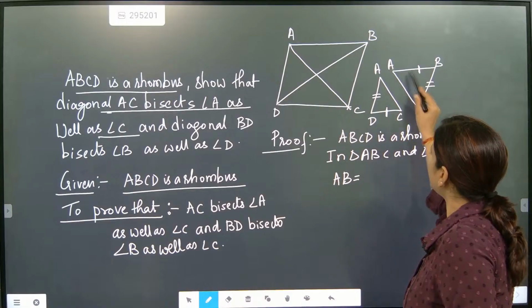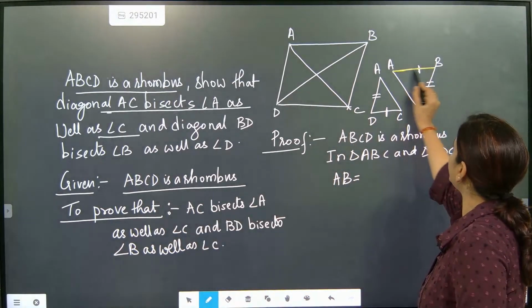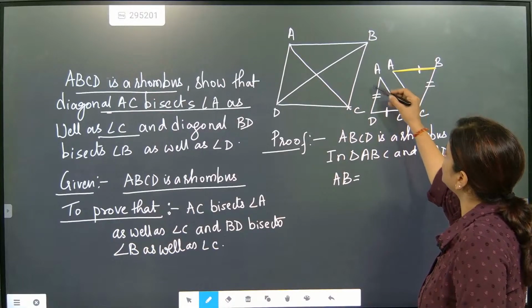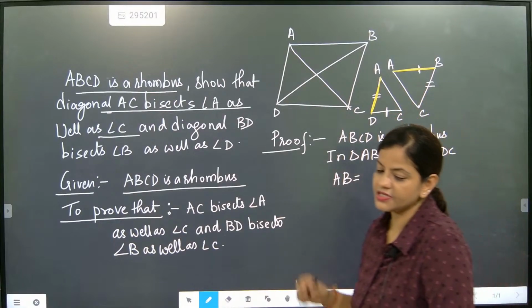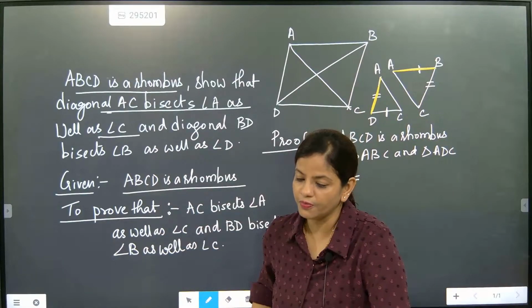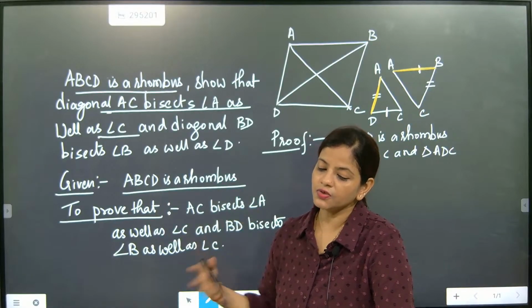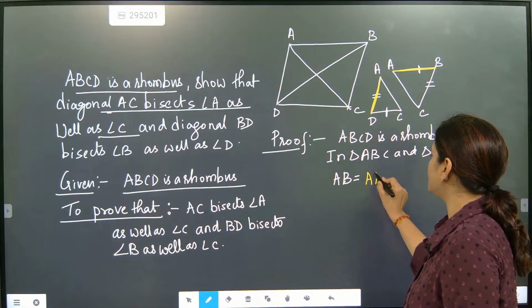I'm just going to color it so that you can understand. This side AB is equal to AD, because rhombus means all sides are equal. So we'll say AB is equal to AD.